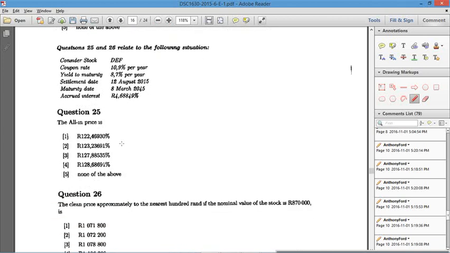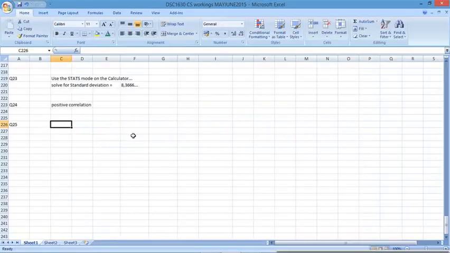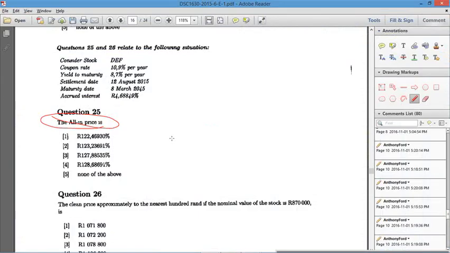Okay, now we've got question 25 and question 26. Right, in this particular question, we're looking for what? Bond value. Okay, we're looking at the all-in price. Okay, alright, so we need to draw a timeline for this particular question.